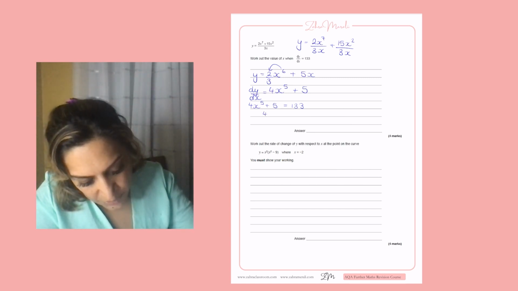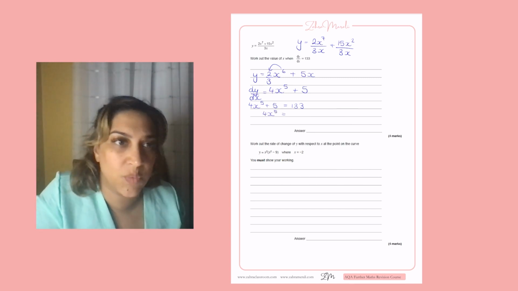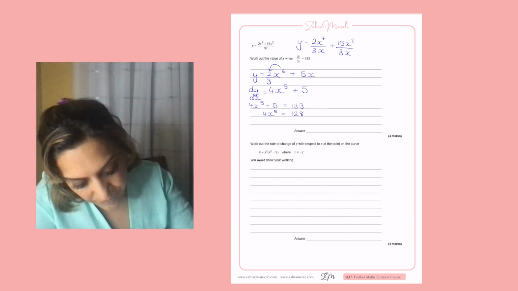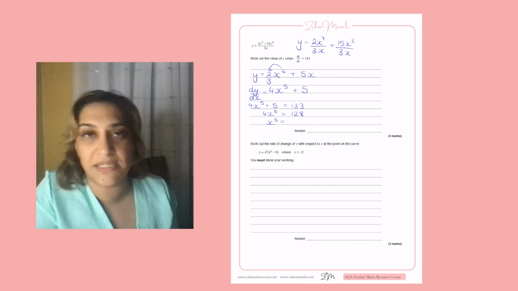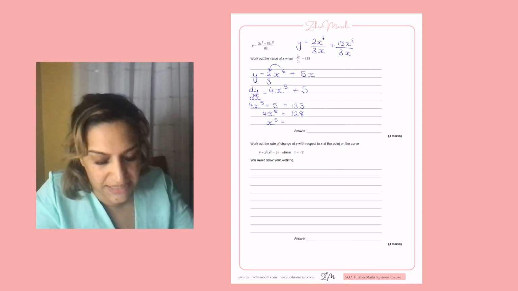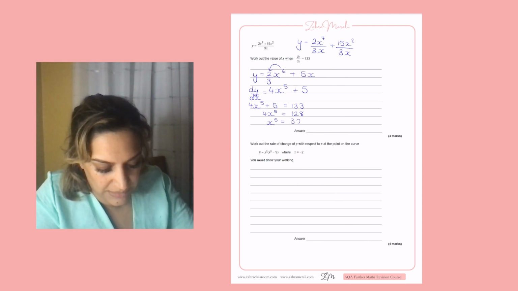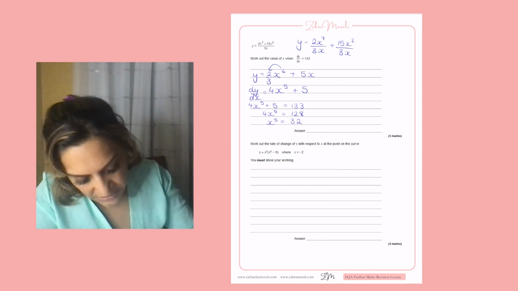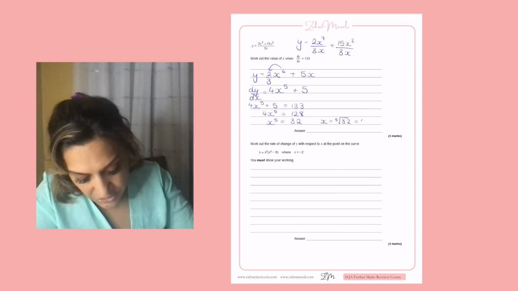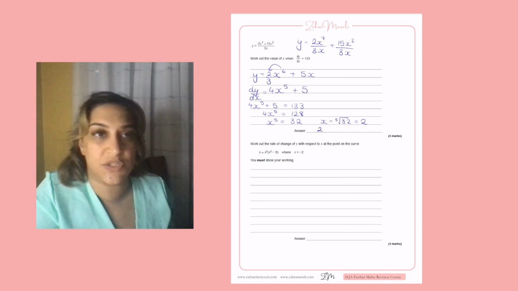So I can take away 5 from both sides. 133 take away 5 is going to give me 128. If I then divide by 4, 12 divided by 4 gives me 3, 8 divided by 4 gives me 2. And you should know that the 5th root of 32 is 2. So your answer is 2.